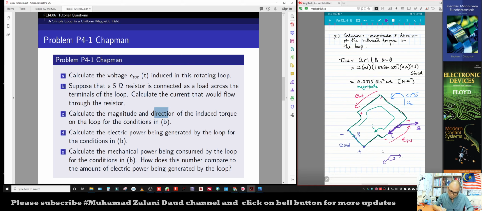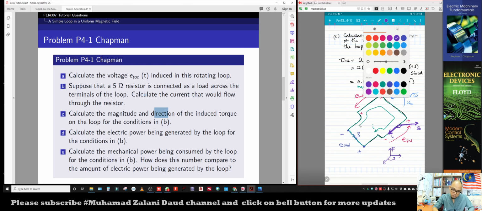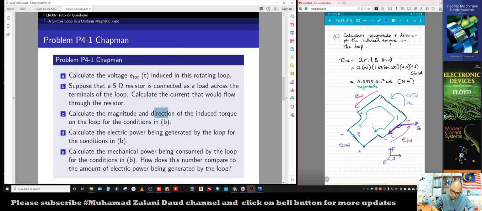Supposedly F is in that direction, which is the direction of the torque. So in this particular case, we can draw the torque direction in that direction. Segment CD is supposed to be in the opposite direction. So this is the torque at segment AB, and that is the torque at segment CD.